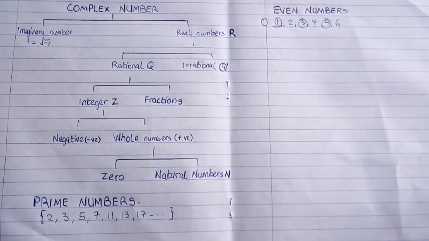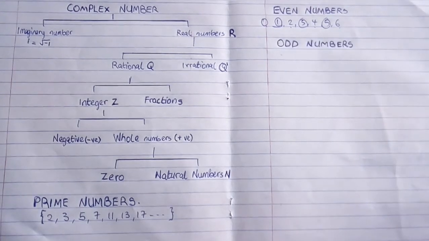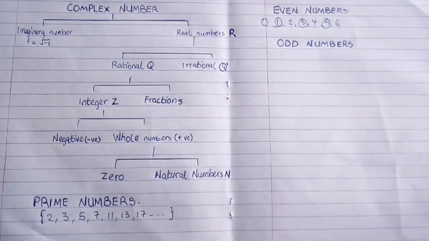And then we have the odd numbers. Comment below, give me what you think is an odd number. Let me give you this definition. Odd numbers are numbers that when divided by 2 give a remainder.